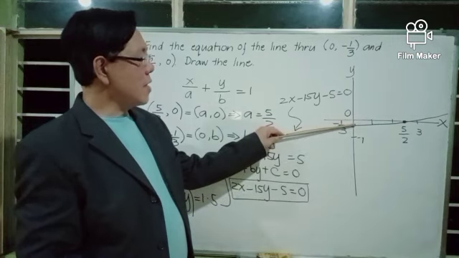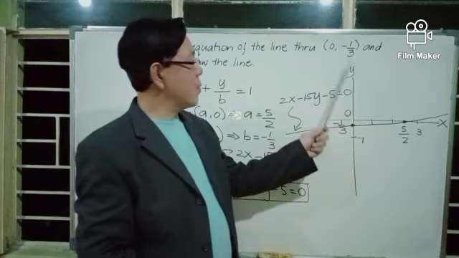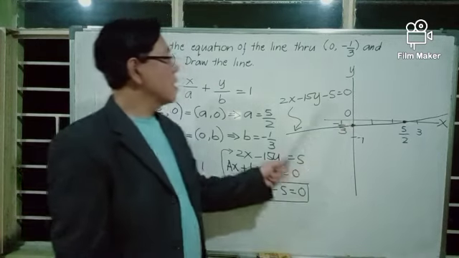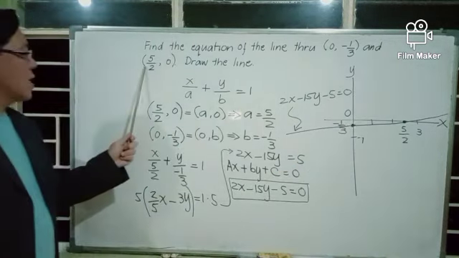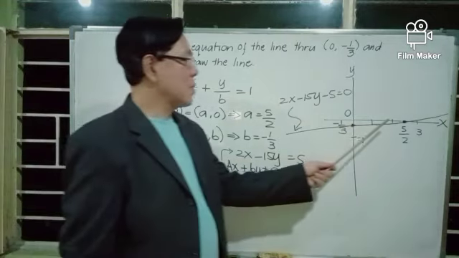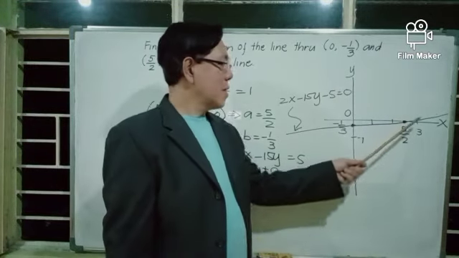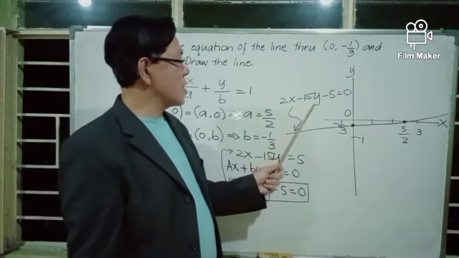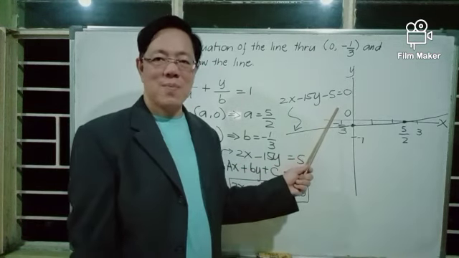This is the line that passes through the point (0, -1/3), which is the y-intercept, and the point (5/2, 0), which is the x-intercept.